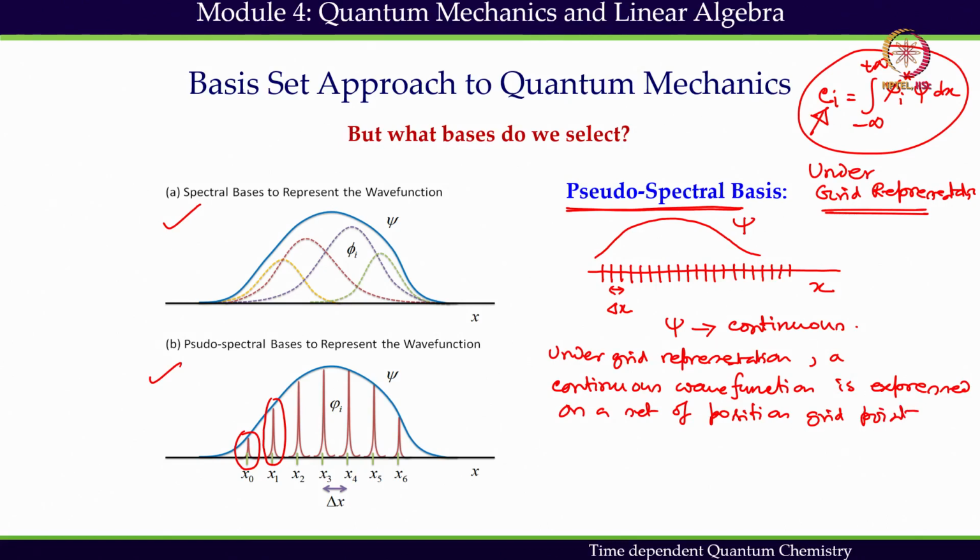So, instead of this continuous wave function, which is represented by this dotted line, I will have certain values of the wave function on these grids. And that is the way I am going to represent the total wave function.